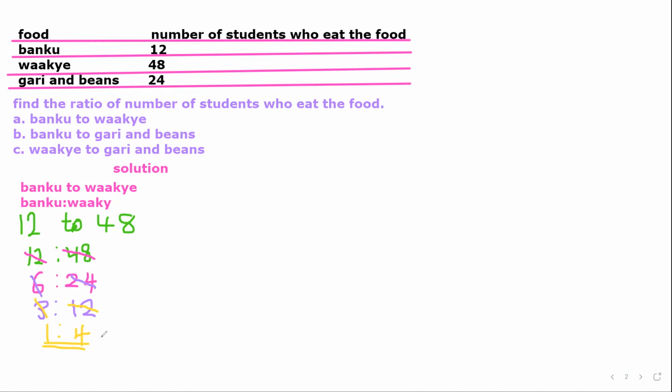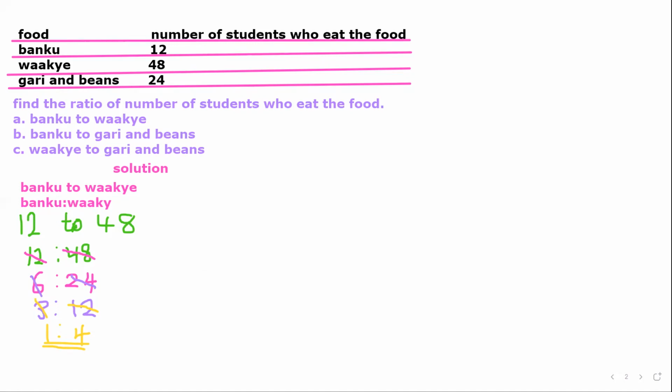So you find the total ratio by adding the 1 and 4, you get 5. So out of 5, 1 person prefers Banku, and 4 people prefer Wache. So that is the interpretation of that one too.